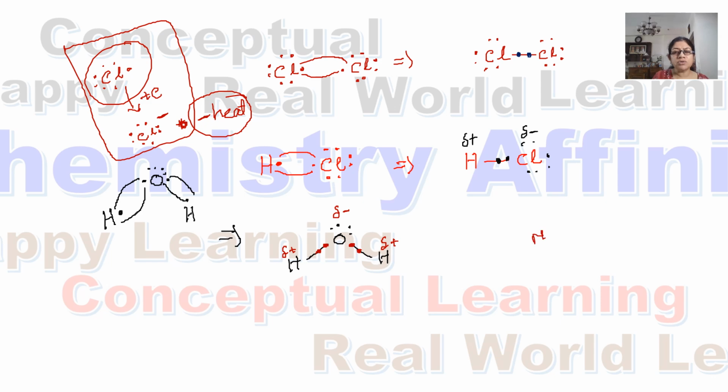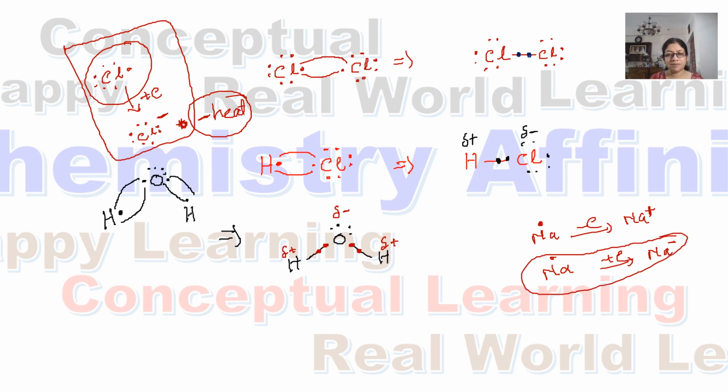Sodium has only 1 valence electron, so sodium has more tendency to lose an electron, forming Na plus. But if I want to add 1 more electron to make Na minus, that definitely needs a huge amount of energy, because sodium doesn't want to form Na minus, sodium wants to be Na plus.